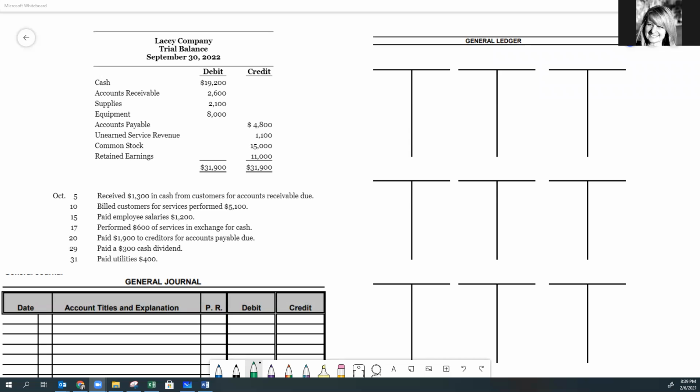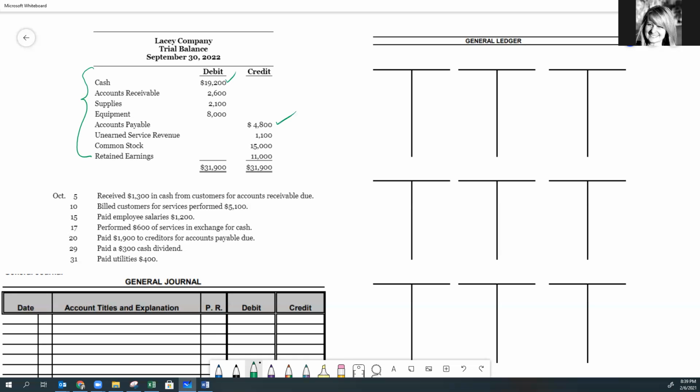So we start with a trial balance for Lacey Company as of September 30th, 2022. And this trial balance lists all of the accounts in the chart of accounts, and it lists the balances as either debits or credits. If it's a debit balance, it's listed in the debit column.